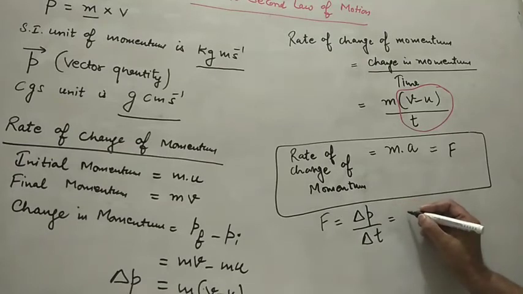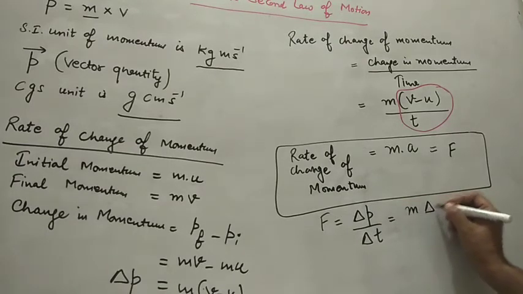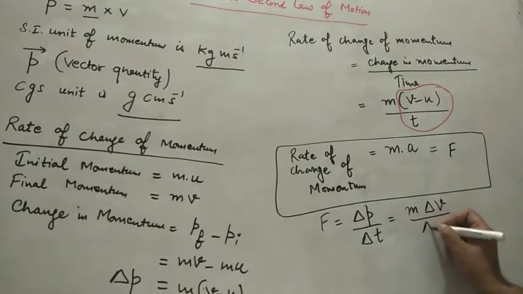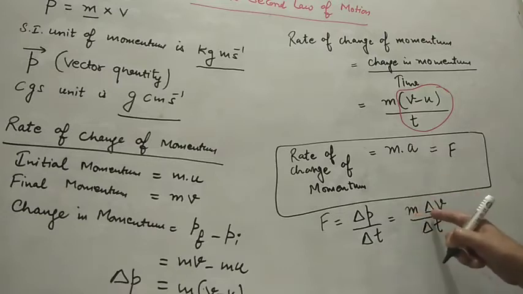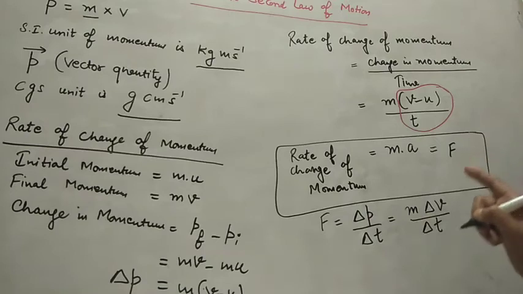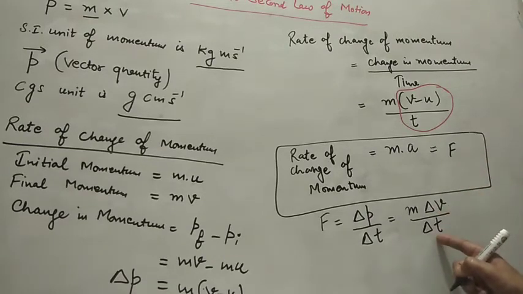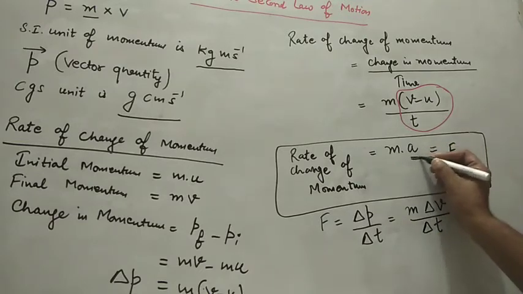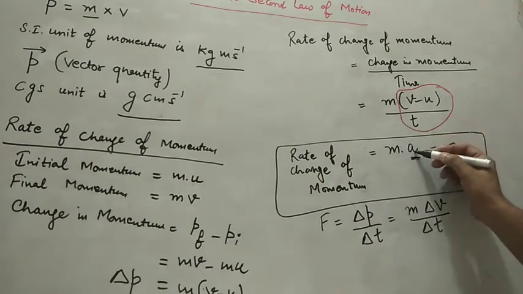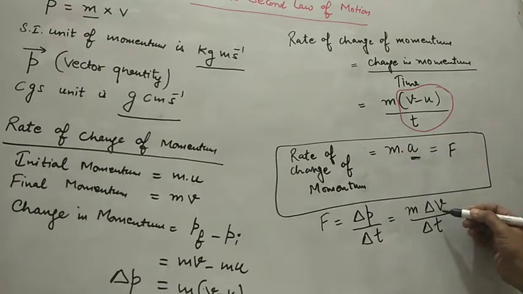So this delta P I can write as m into delta V upon delta T. Why am I taking mass out? Because mass is a factor which remains constant. Delta V upon delta T is acceleration.